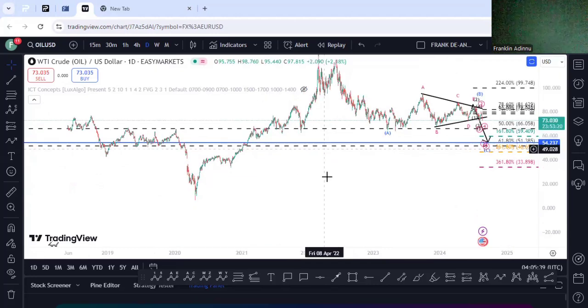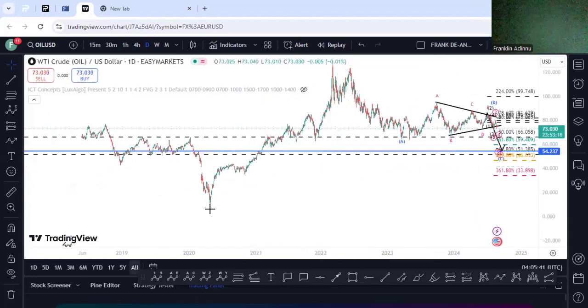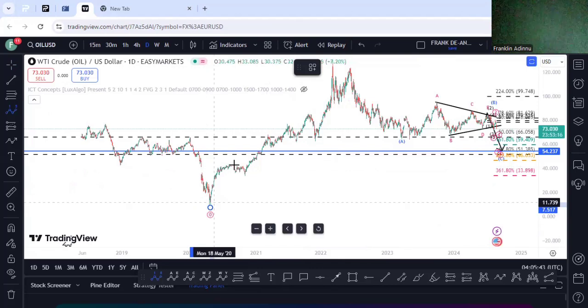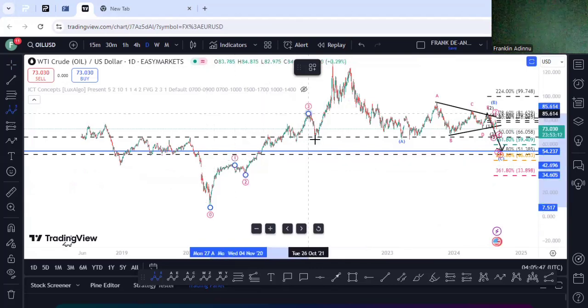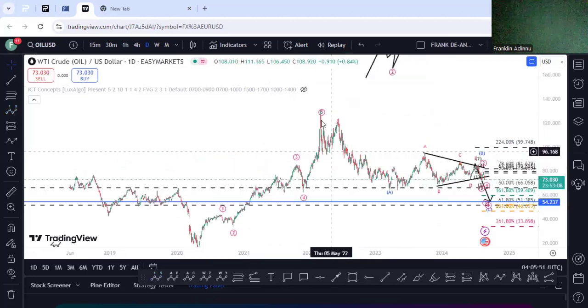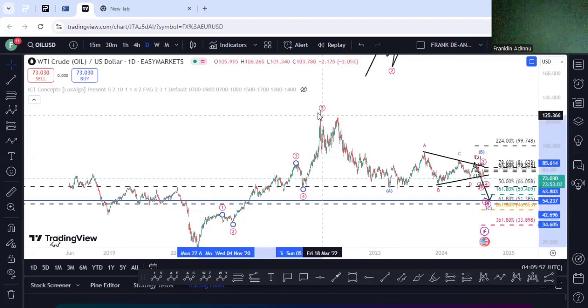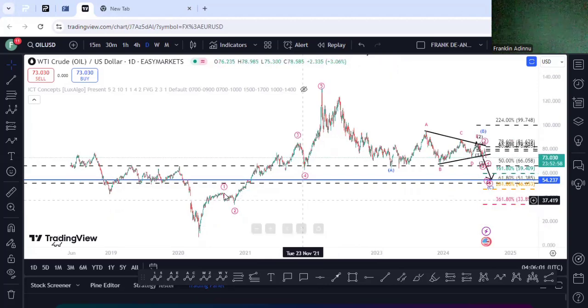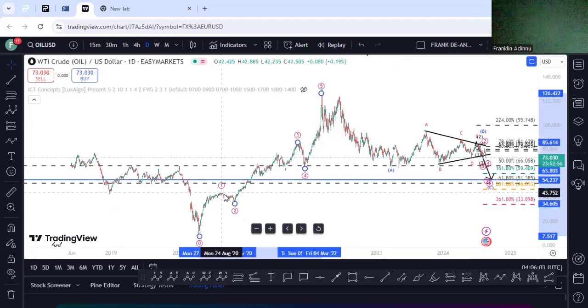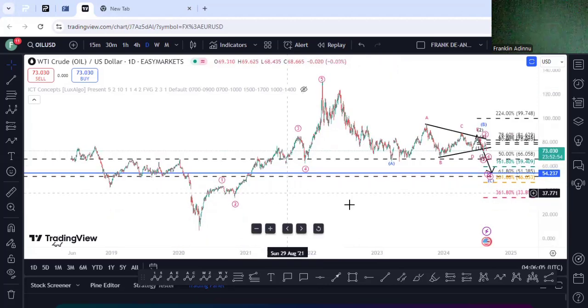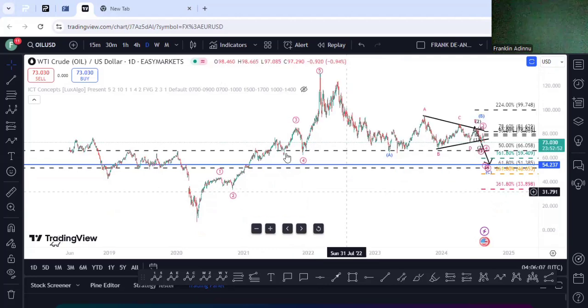Looking at the crude oil, you discover that there's a five-wave structure here. This is one, this is two, this is three, this is four, and this is five. So crude oil made that five-wave move. As it has made this movement, they expected a correction of at least 50%.